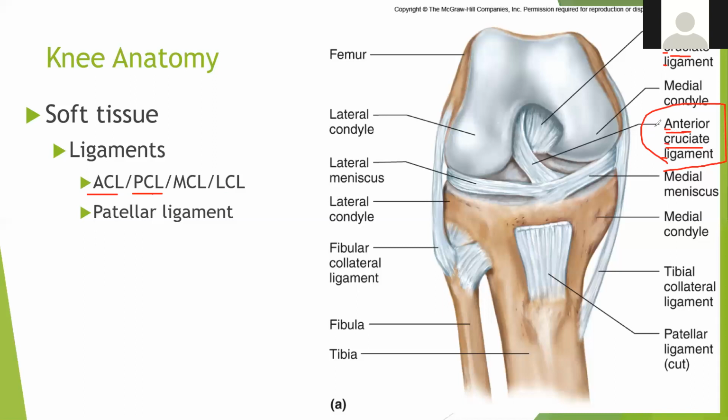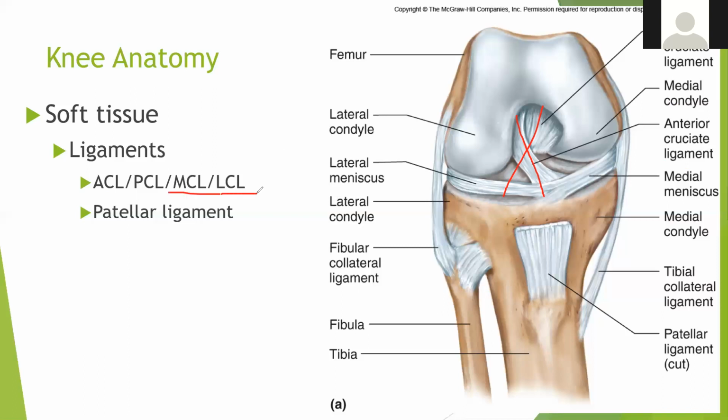Your PCL runs from the front of your knee to the back of your knee. Your ACL runs from the back of your knee to the front of your knee, and they form a cross. Because these form a cross in the middle of your knee, they prevent your knee from sliding forward and backward.